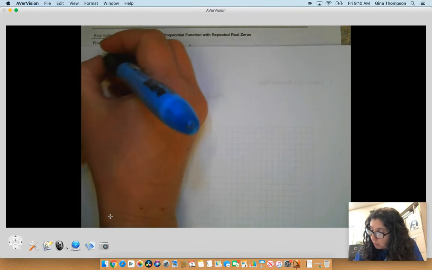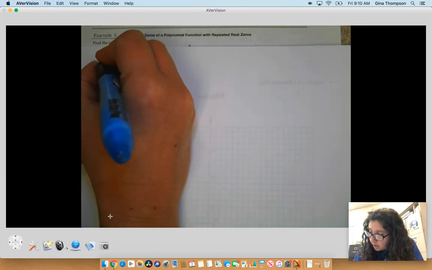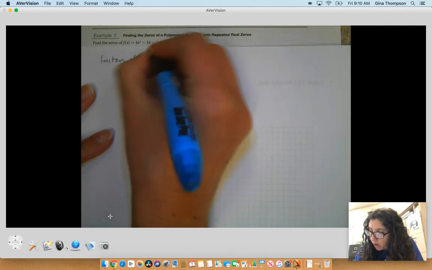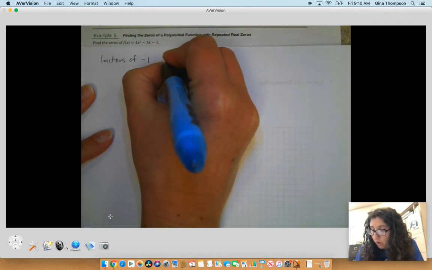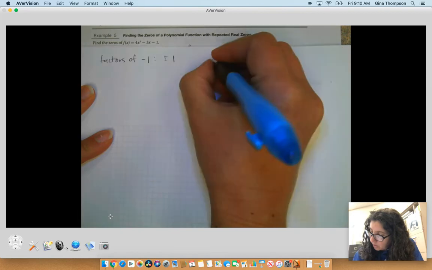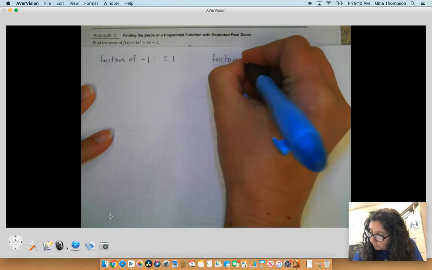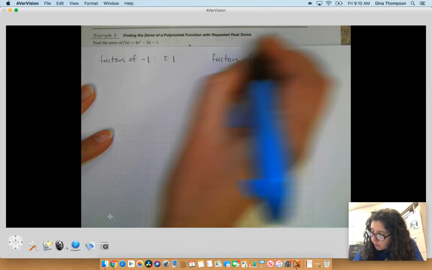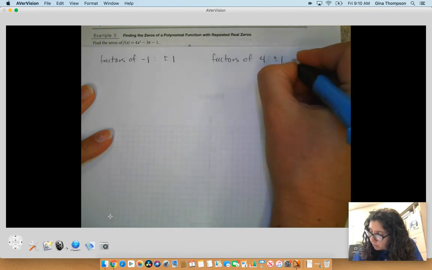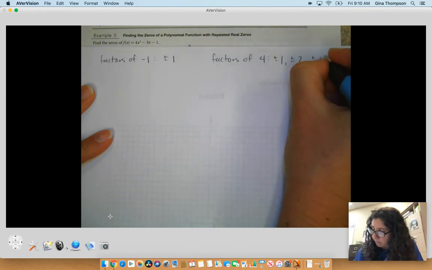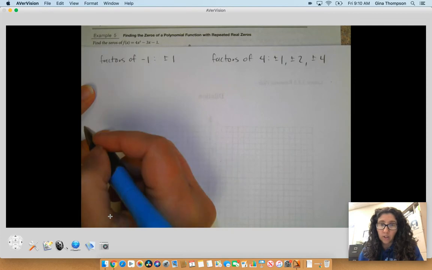All right, so the possible rational ones: factors of -1 are going to be plus or minus 1, and factors of 4, it could be plus or minus 1, plus or minus 2, plus or minus 4, right? All those factors are the leading coefficient.